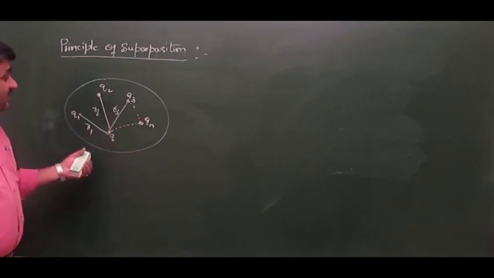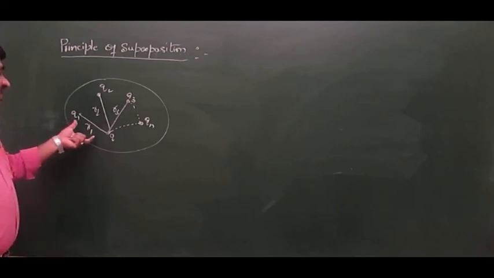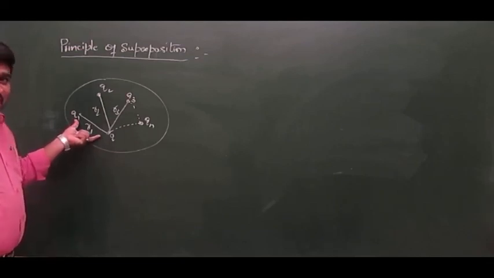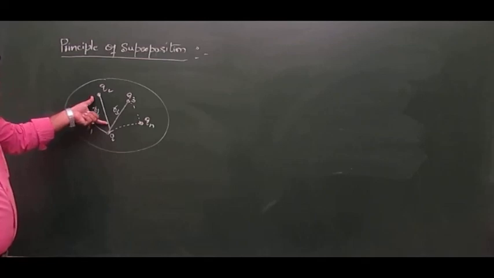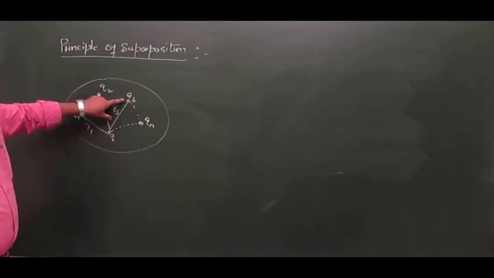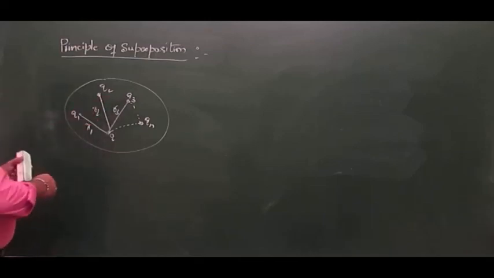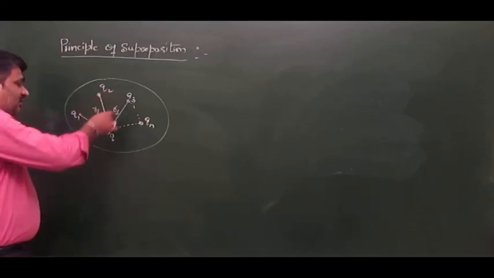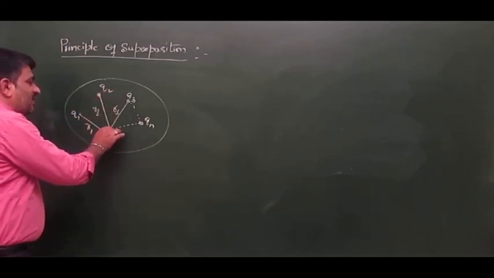So then what is the force? See here, the force between these two charges is independent of the force between the other charges. That is, the force does not depend on any other neighboring charges.